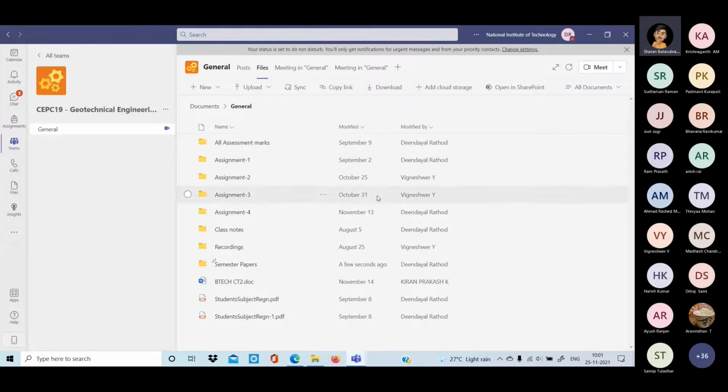You can just click and get the answer script of each person with their roll number by the side. In MS Forms itself you have an option where we can upload the scripts, PDF files.